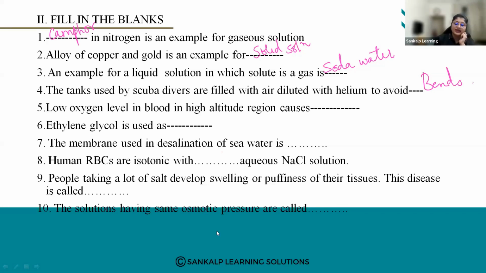If a person has gone to a high altitude region and the oxygen level has reduced, what will he suffer through? Yes, Swati has answered it right. Anoxia.